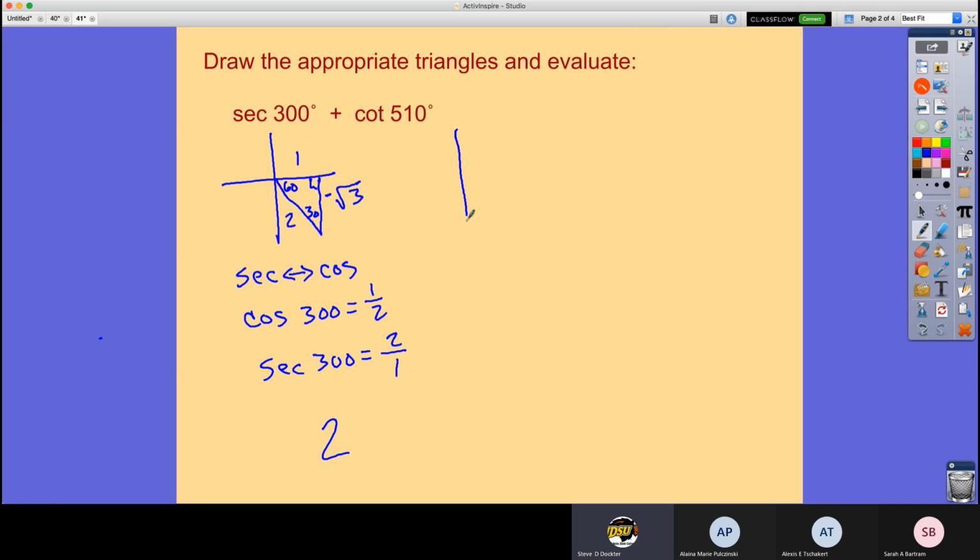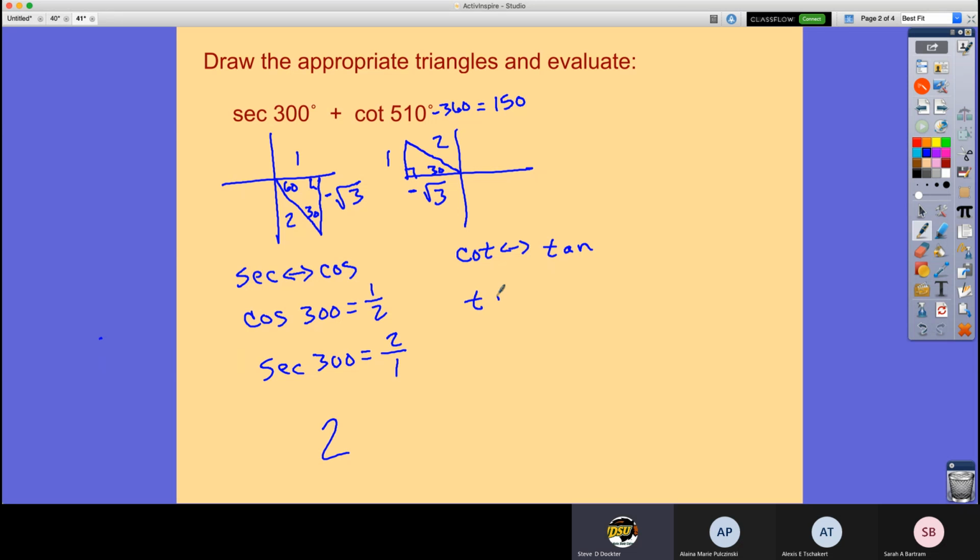Cotangent of 510. Well, first of all, I'd subtract 360 out of there to get us down to 150. 150 ends up being in what quadrant then? In the second one, with a reference angle of 30 degrees. So for that, we've got 1, square root of 3, and 2. Square root of 3 is negative again. The 1 is positive. Now cotangent works with tangent.